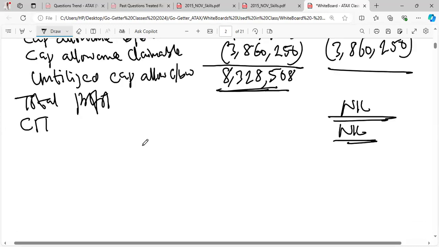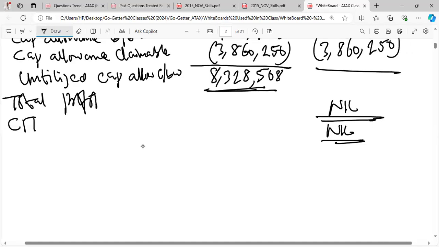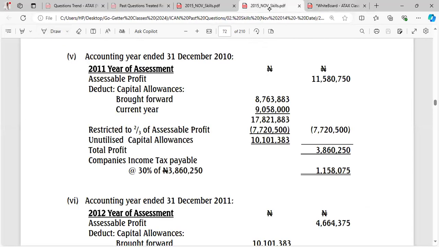Then you need to come here, CIT refund. We'll go down here and bring this amount, 1,158,075.